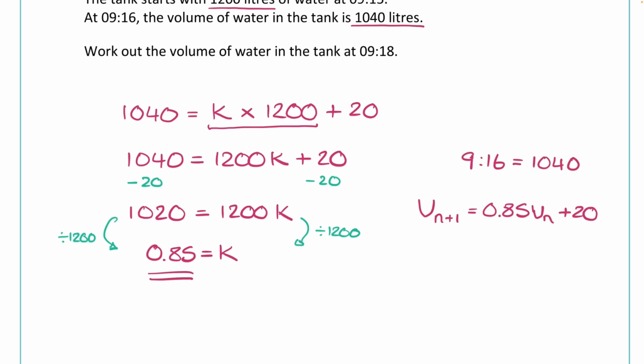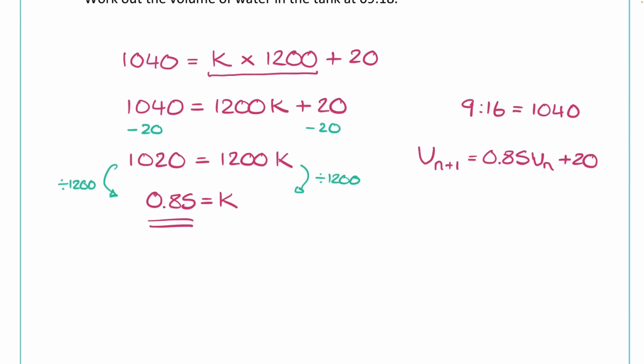And we want to know the volume of water in the tank at 9:18. So we'll follow our normal iteration process to get 9:17 next. To get that, we do 0.85 multiplied by 1,040 and then add 20.